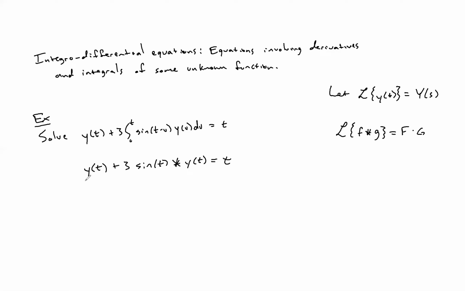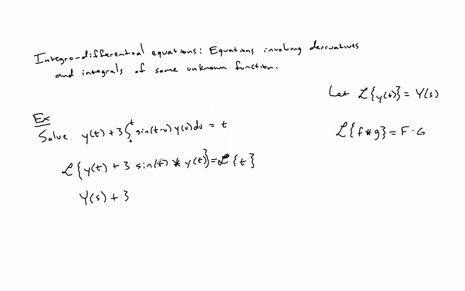All right, so let's take advantage of that here. If I take the Laplace transform of both sides, the Laplace transform of y of t is capital Y of s. And now using this theorem here, the Laplace transform of the convolution of sine times y of t is the product of their Laplace transforms.